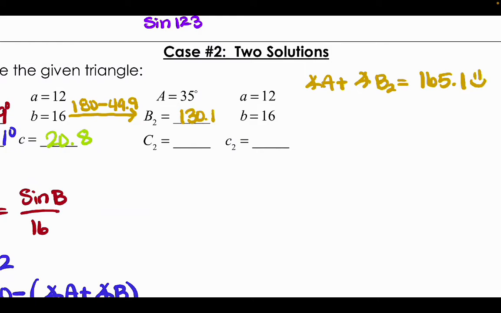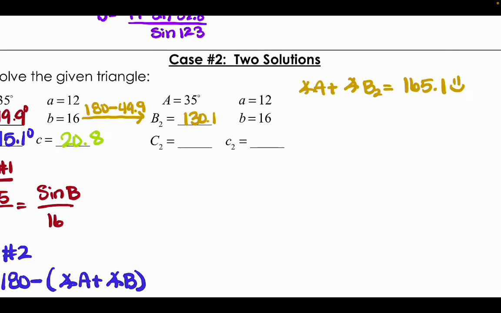Okay, so now I just have to, yep. And then, Sanaya, could you give us what the C2 will be?